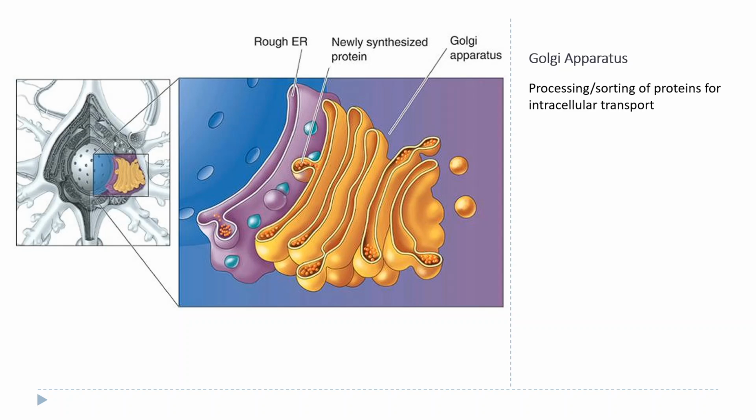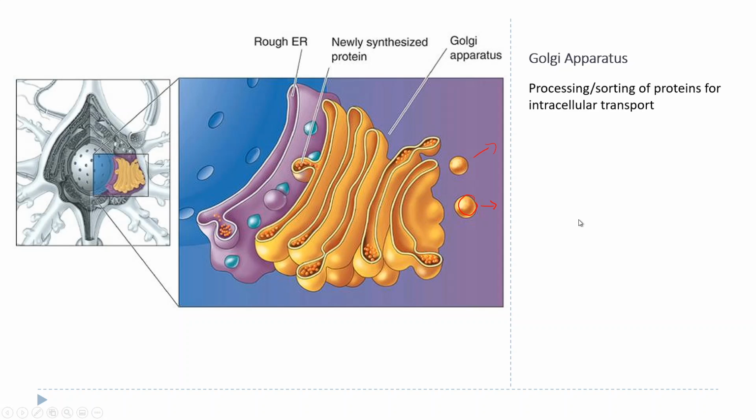They might get folded, they might get cleaved into smaller pieces, and eventually they get packaged into little vesicles that then make their way to the cell membrane. And they're either going to get embedded in the cell membrane or get secreted out into the extracellular fluid. But that's the main job of the Golgi apparatus.